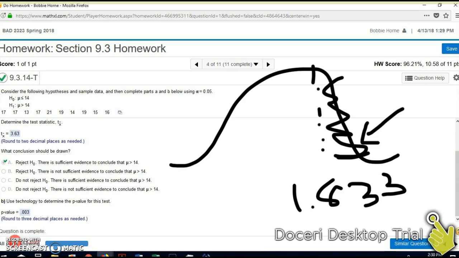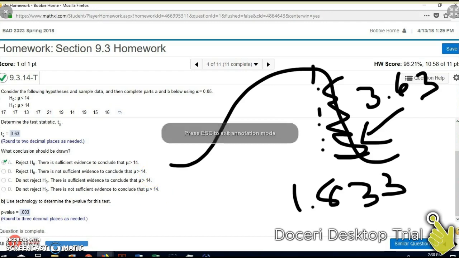Our test statistic is above that, it's 3.63. So we can reject the null because there's sufficient evidence to conclude that the alternate may be true. Okay, there's sufficient evidence to conclude that this may be true, and it doesn't support the null.